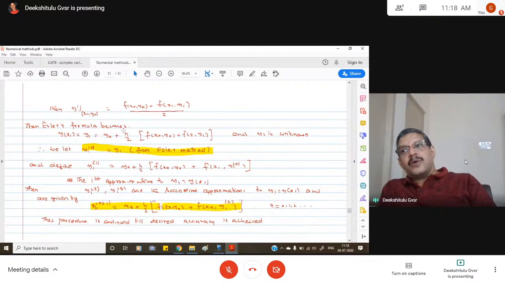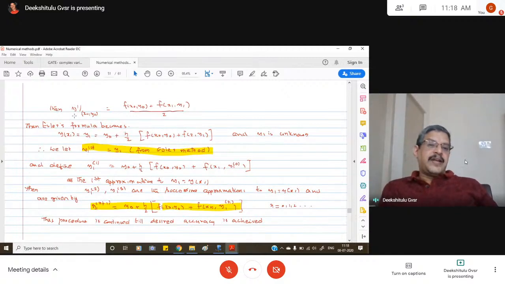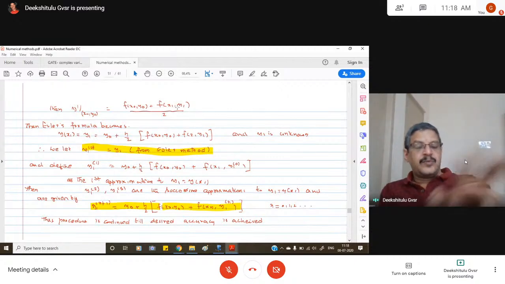So why is it called modified Euler's method? For two reasons. First, because y dash at x0 y0 was only f of x0 y0, but it is modified as f of x0 y0 plus f of x1 y1 by 2.